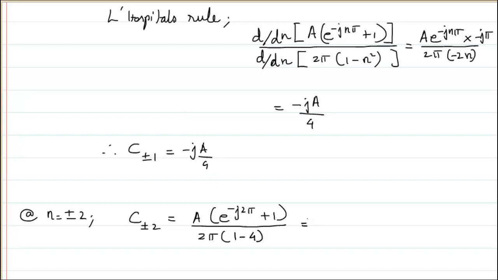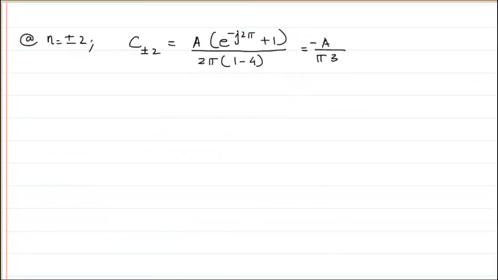Again this is going to be plus 1 and plus 1, plus 2, 2 and 2 get cancelled. So I will basically get a divided by pi into minus 3. That minus I will take on top and I will get a by pi 3. So like that I can keep on finding the values, and now I have to plot it.